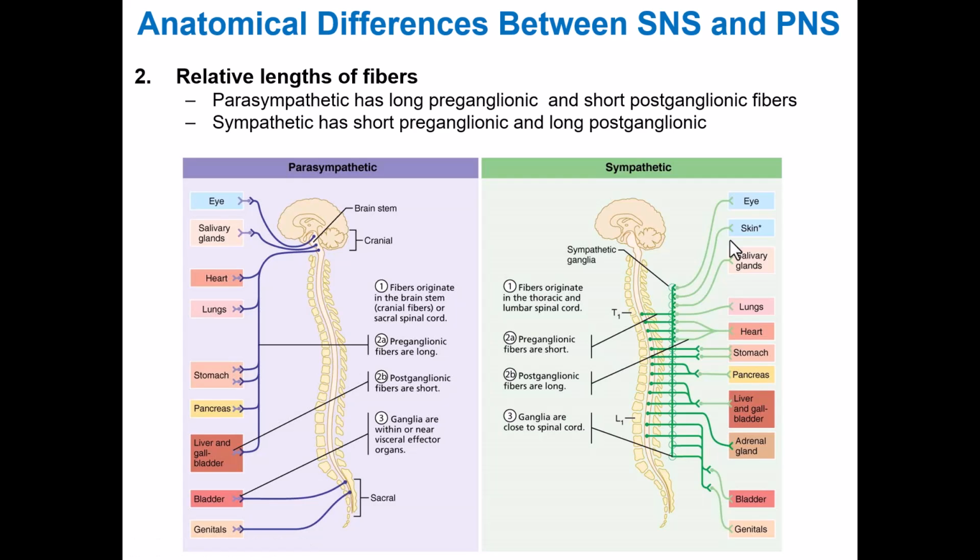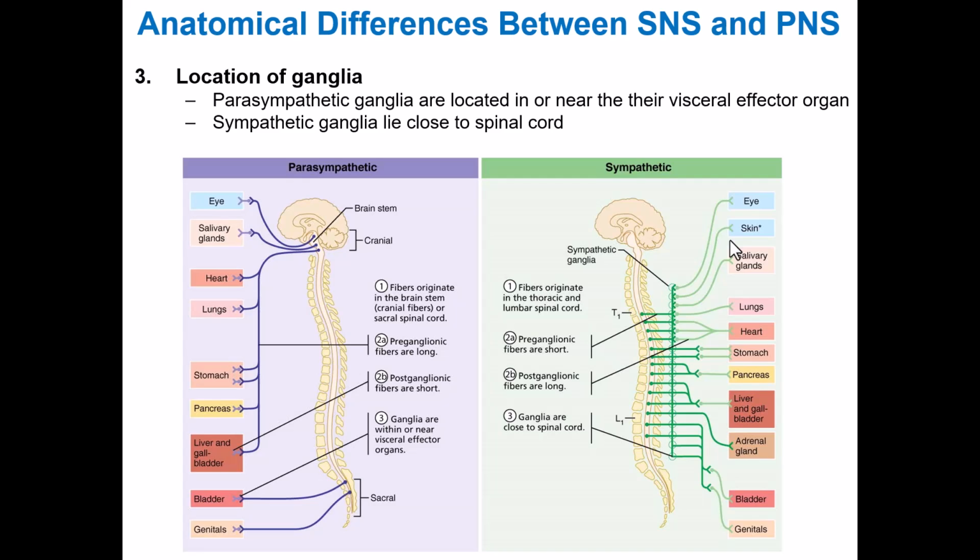And because of that, that leads to our last anatomical difference between the sympathetic and the parasympathetic divisions of the autonomic nervous system. So because of the differences in the length of the neurons, the ganglia, or where the 2 neurons in each series meet, the locations of those are different as well. So look at this parasympathetic division on the left.